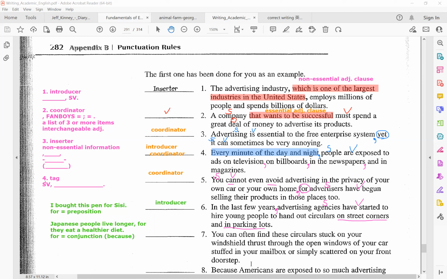All right, and our last example, you can often find these circulars stuck on your windshield. Okay, so this is interesting. Stuck, that is a participle phrase. This is the first one. Thrust through the open windows of your car. And then stuffed in your mailbox. Or simply scattered on your front doorstep.